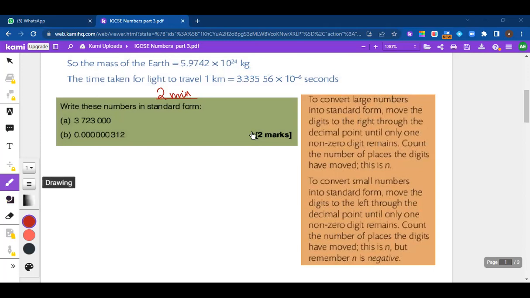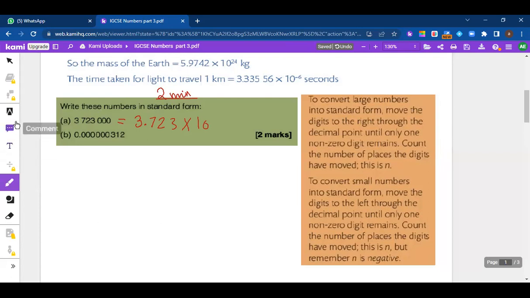Here, it will be 3.723 multiplied by 10, and count from here, guys. All of this, you must count.